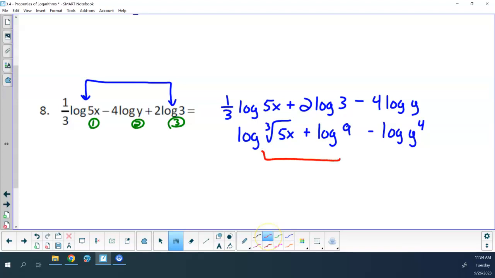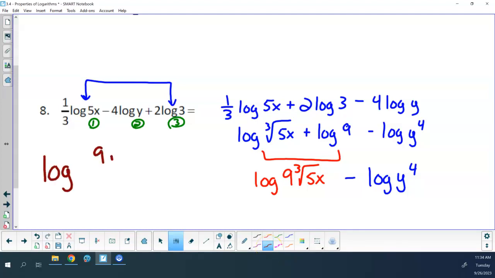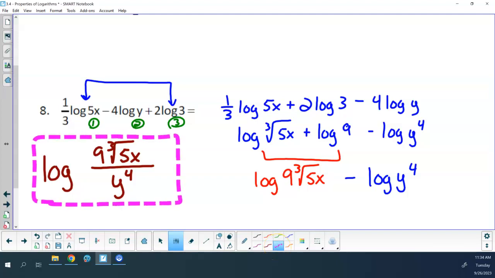These two become that, which gives me my final answer of that. One single solitary log when you're condensing, taking it from one log to multiple logs when you're expanding. Okay?